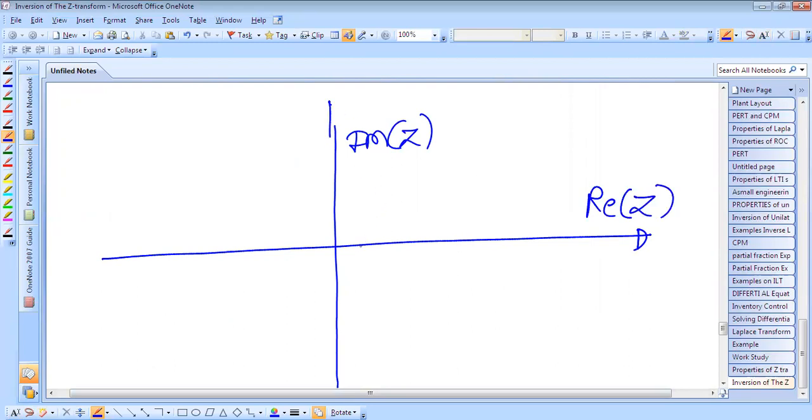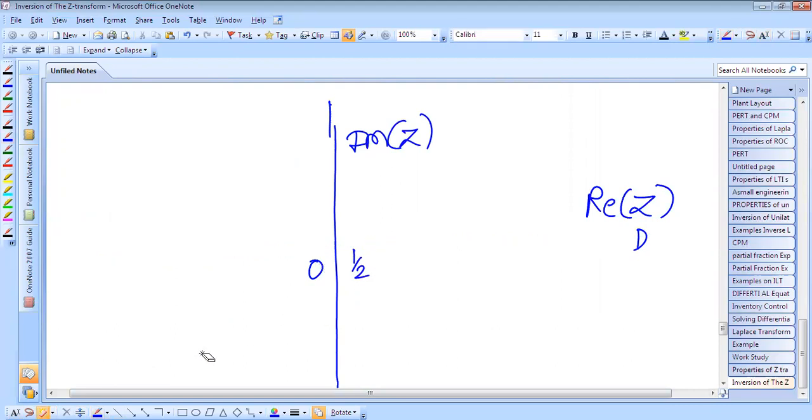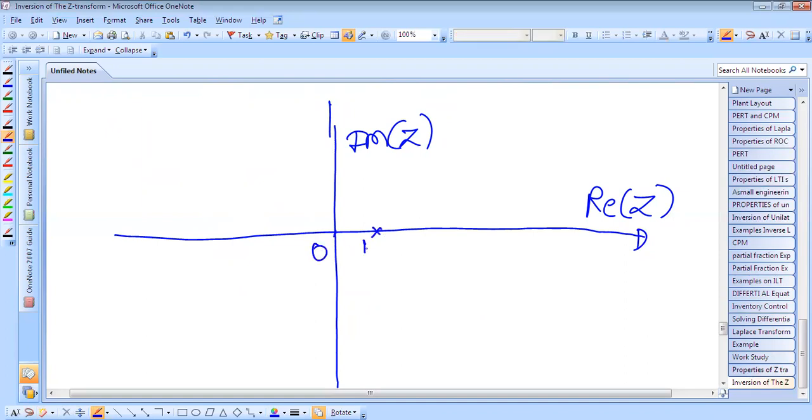Here this is unity, this is half, zero, this is 1, and this is 2.